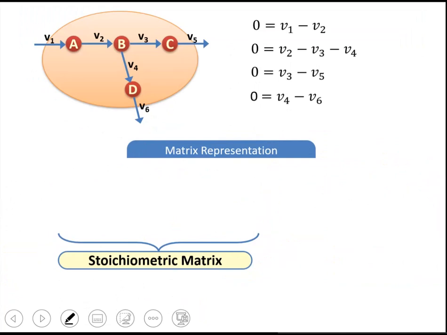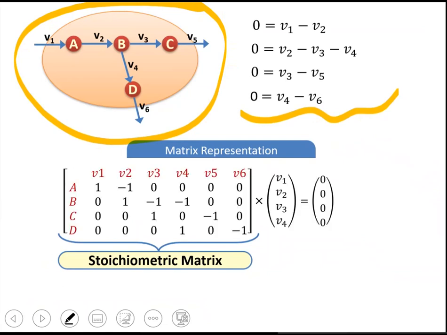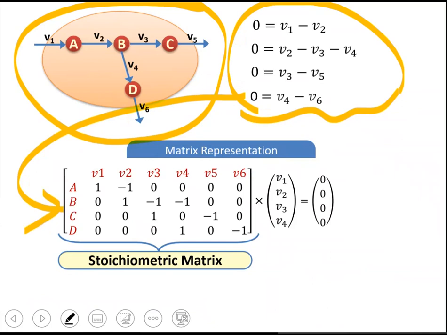So we had this toy metabolic network, we had this set of equations, and we have represented the set of equations in matrix format here. This is our matrix, and this matrix is referred to as the stoichiometric matrix.